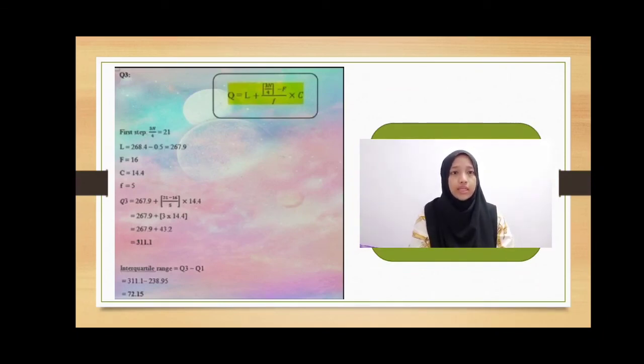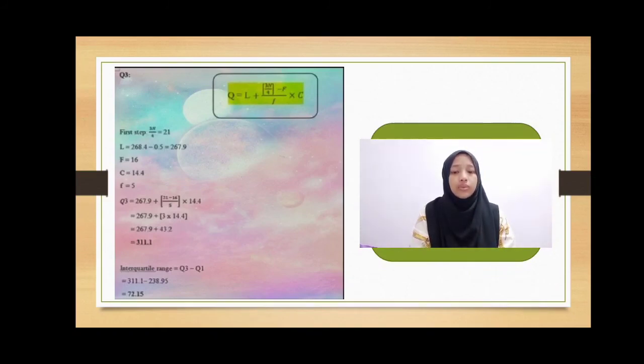Now let's see how to find the value of Q3. The formula is Q equals L plus, in brackets, 3N divided by 4 minus F, capital F, divided by f, small letter, times C. First step, we need to find 3N divided by 4. We have 21.